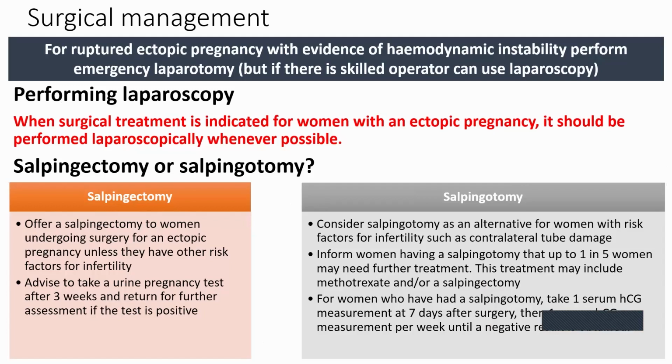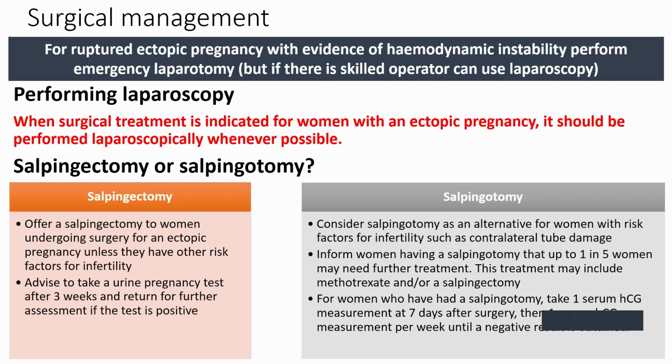So an open or laparoscopic approach can be used in a hemodynamically unstable patient. Even if a skilled operator is available, we can offer laparoscopy because compared to laparotomy, laparoscopy has a lot of advantages such as good cosmetic outcome, less need for pain relief, early recovery and early return to normal day-to-day activities.